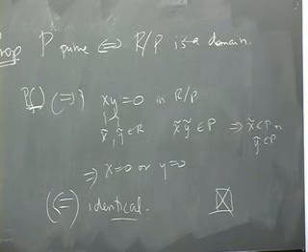Now, what's an immediate corollary of this? We know that every field is a domain, right? Because if we had some xy equal to 0 in a field, then we could always just multiply by an inverse unless one of the things is 0. So what does that tell us about the relationship between maximal and prime ideals?